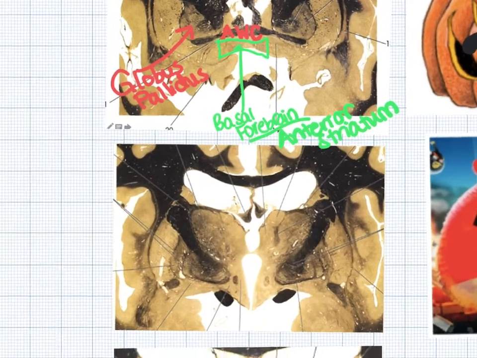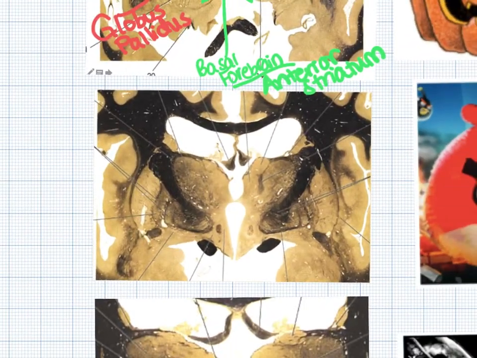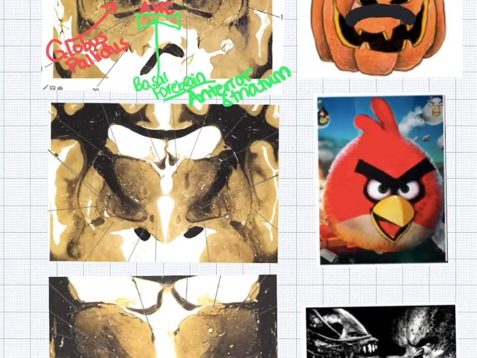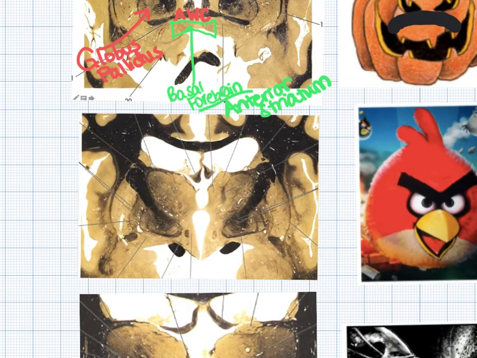Okay, so moving more posteriorly in the brain, we get to a section that may look a little bit more like two angry birds looking towards one another. These are the beaks, this is the head, these are the eyes, if you can imagine. So in this region, you still have the lateral ventricles, the caudate nucleus in the lateral walls of the lateral ventricles. You still have the putamen, with the external capsule bordering it, then the claustrum, and then the extreme capsule bordering the claustrum.